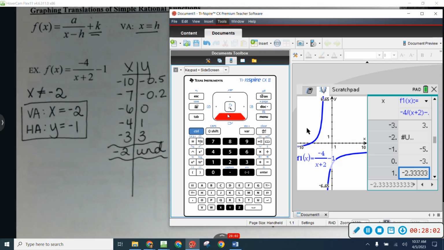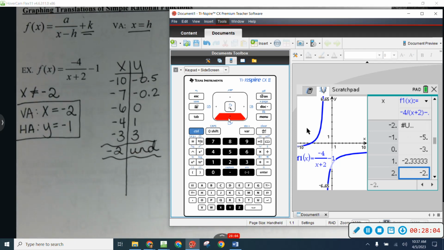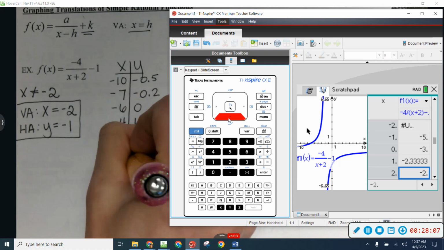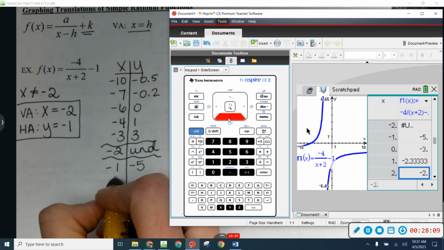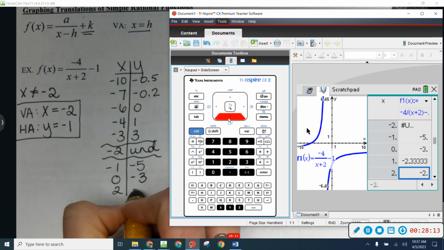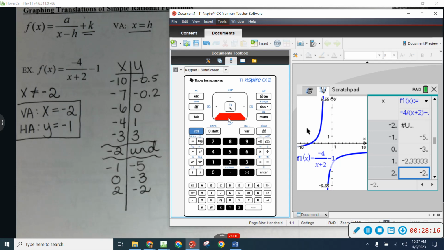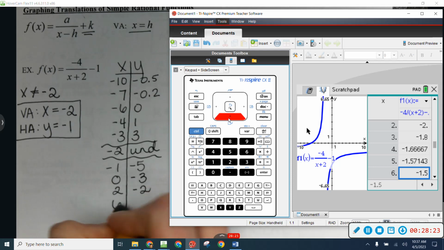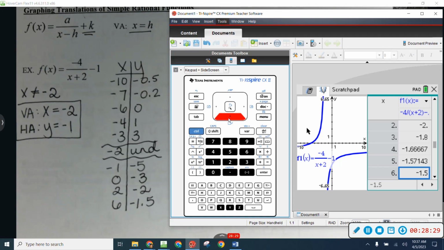It's your asymptote. -1, -5, 0, -3, 2, -2. And then I'd probably jump to 6, -1.5. All of those decimals are pretty much the same, so I'm not going to keep writing the same rounded decimal. And so I could stop there.